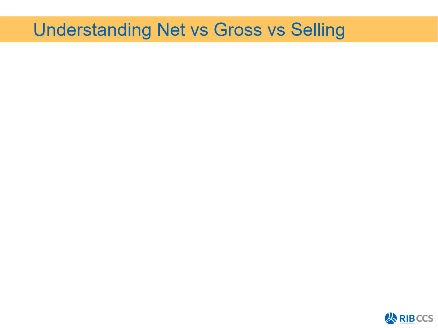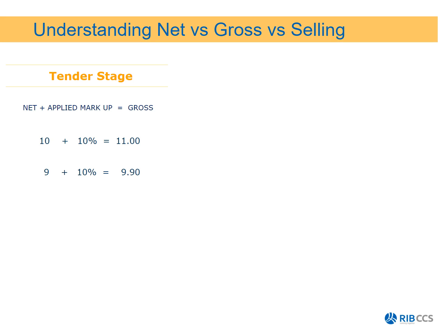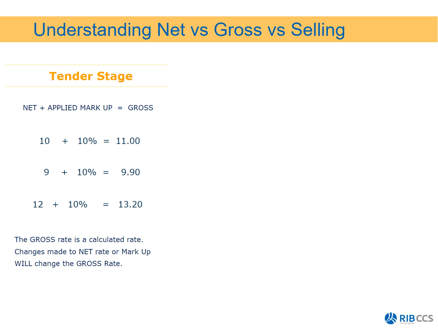Okay, now that we've applied markup, we need to understand using your net versus your gross versus your selling. Firstly, at tender stage, we have our net plus our applied markup, which gives us our gross. 10 plus 10% gives us 11, and so on. So the gross rate is a calculated rate, and changes made to the net rates or the markup will change the gross rates.